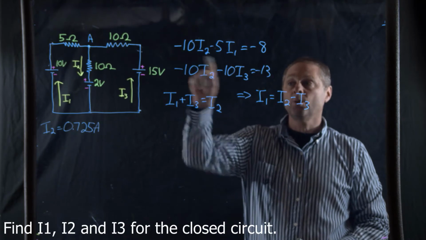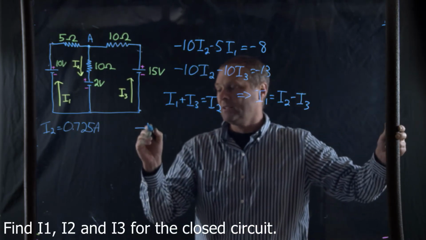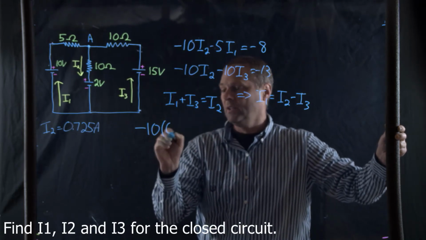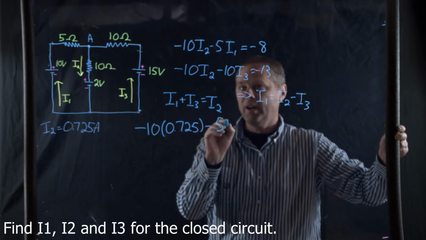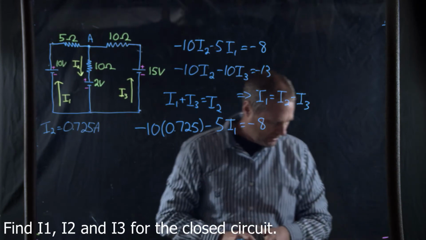If we look at this equation right here, we have a minus 10. We already know what I2 is, so we can substitute that in. 7.25 minus 5I1 is equal to minus 8.